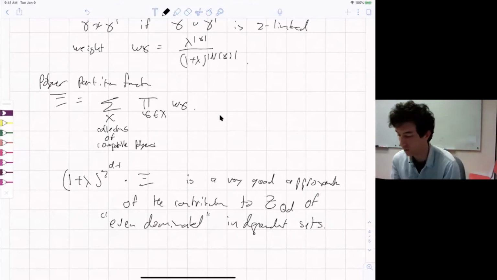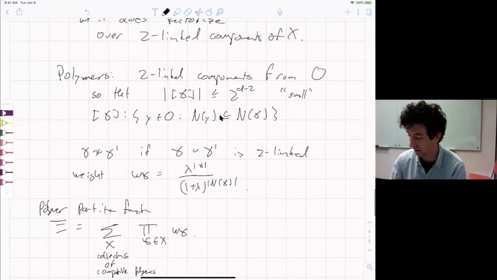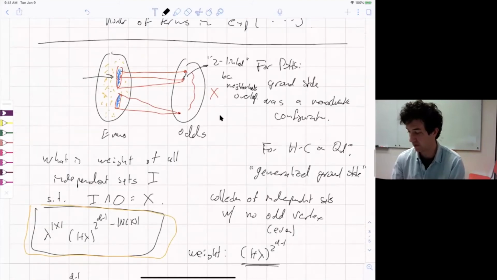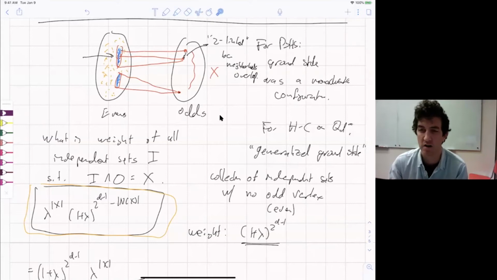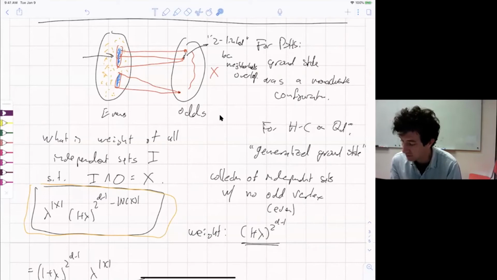Okay, and so what did we do? Let's just review, because this is somehow the key to this perspective. We had some idea of what typical independent sets should look like. They should be either even dominated or odd dominated. And if we think about even dominated independent sets, we think of these as being small deviations from picking each even vertex independently with probability lambda over 1 plus lambda. And what do we mean by a small deviation? Well, there are going to be some occupied vertices on the odd side, maybe none, but maybe a small number.